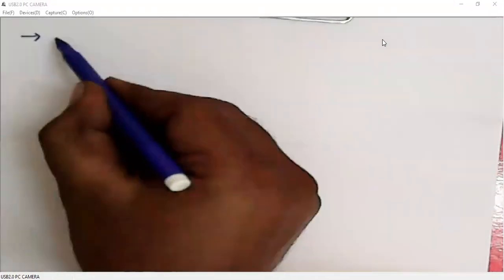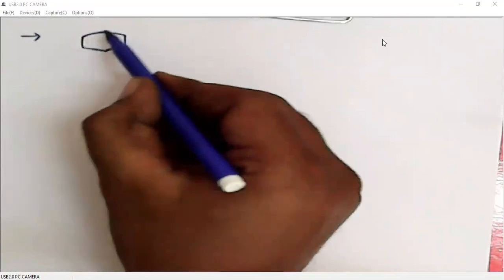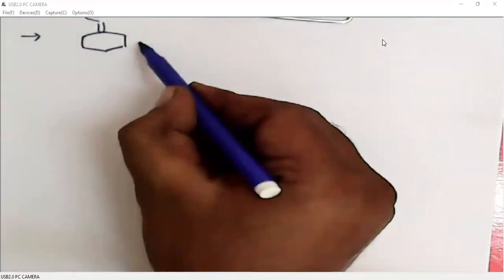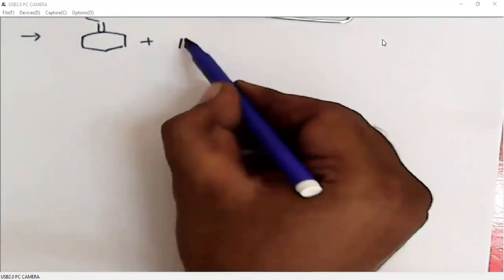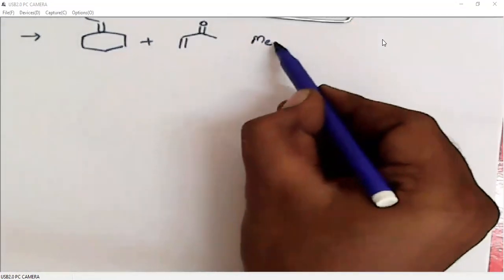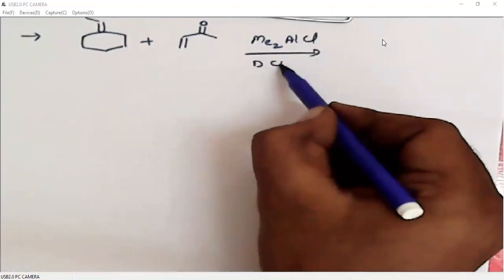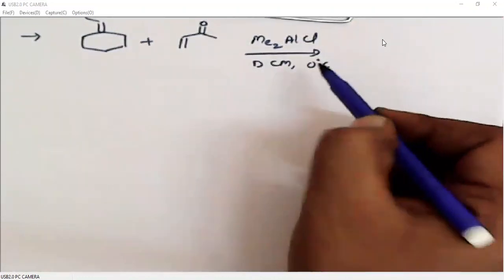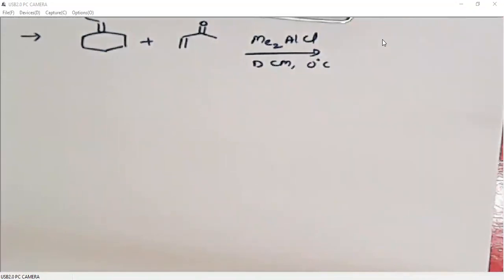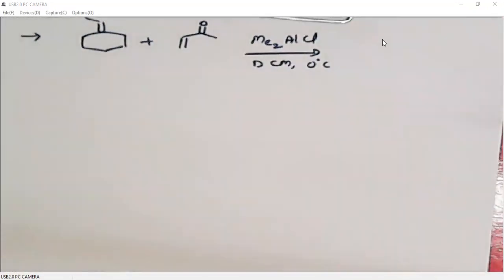In the next example, when we were given these substrates, obviously there is no other reaction possible, either a cycloaddition or any other reaction.